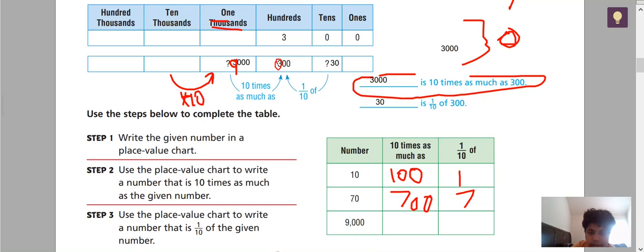Let's make this a 900, a 90, and then a 9. Now if we have 9,000 over here, then over here it would be 90,000, because 9,000 times 10 is what? 90,000. You are absolutely correct.